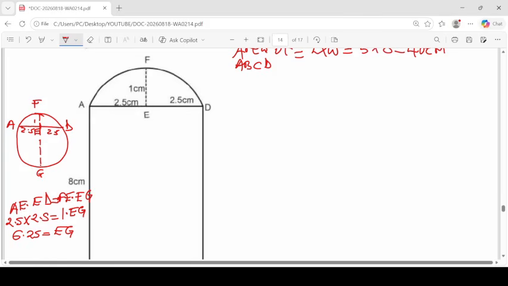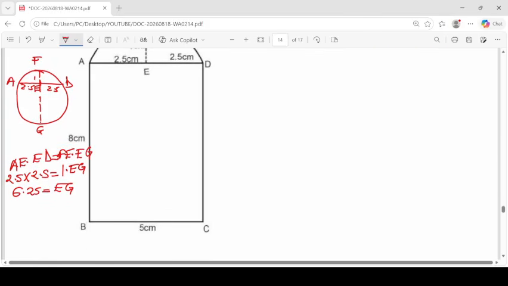Any line passing through the center of the circle joining two ends of the circle is called a diameter. So in this case, the diameter of our circle, ladies and gentlemen, is 6.25. Thus, the radius is going to be 6.25 divided by 2. So our radius will be, when you divide this by 2, 3.125. That is the radius of our circle.